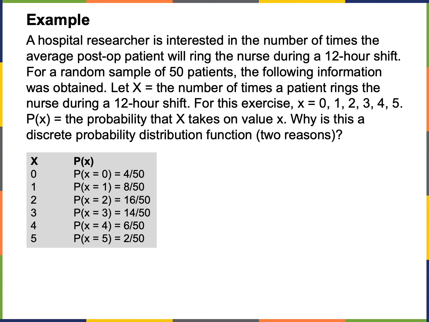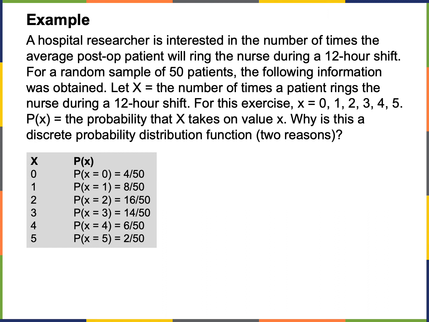Okay, so let's do another example. A hospital researcher is interested in the number of times the average post-op patient will ring the nurse during a 12-hour shift. For a random sample of 50 patients, the following information was obtained.